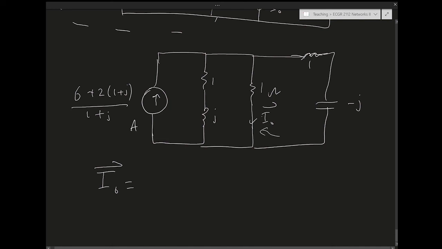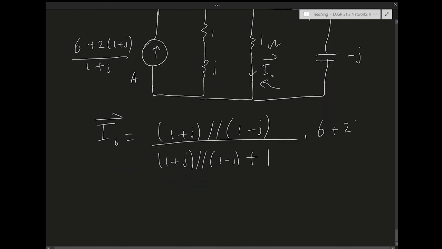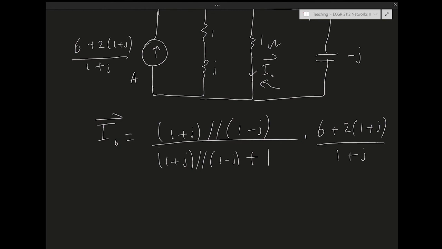Those are two in parallel, of course. So this is going to be 1 plus j parallel 1 minus j, over the sum of all the impedances, 1 minus j parallel 1 plus j parallel 1 minus j plus 1, times the total current, which is 6 plus 2 times 1 plus j over 1 plus j. We need to calculate this, and once we calculate it, we should see that we get the exact same result.